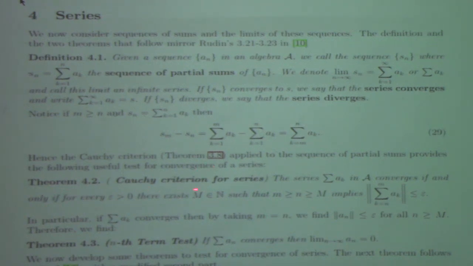We get a Cauchy criterion for series, which says that the series converges if and only if you can basically make the tail small. It's not exactly the tail, it's part of the tail, between m and n. I guess it's the tail, essentially. So you can take any piece of the tail out to infinity, and you can make it as small as you want.